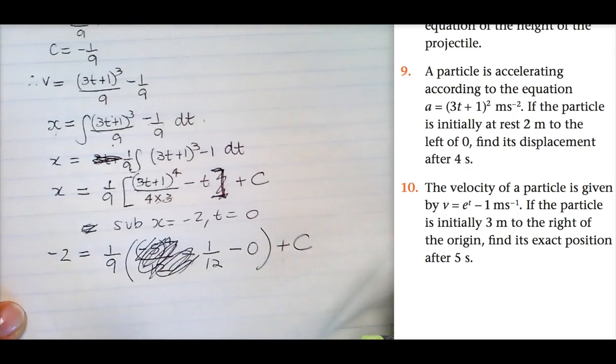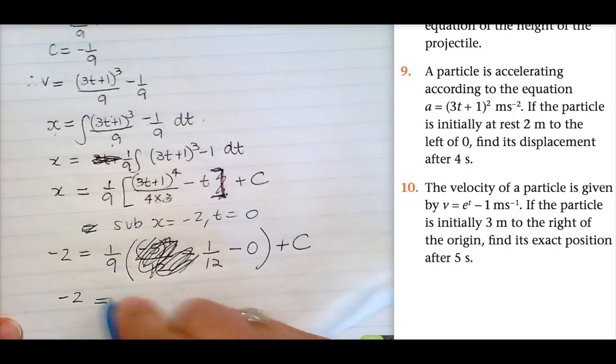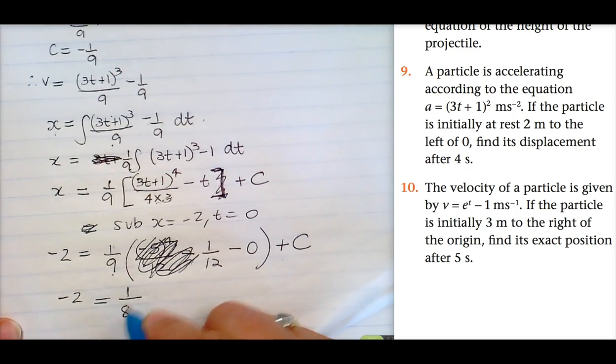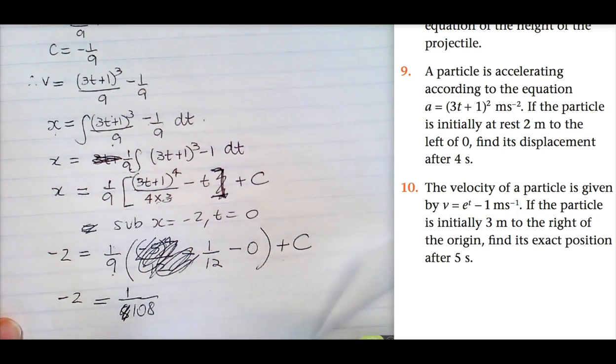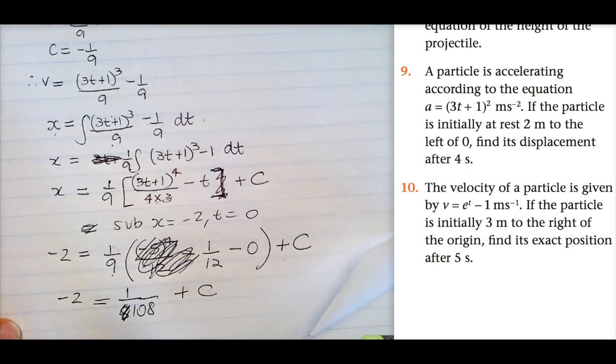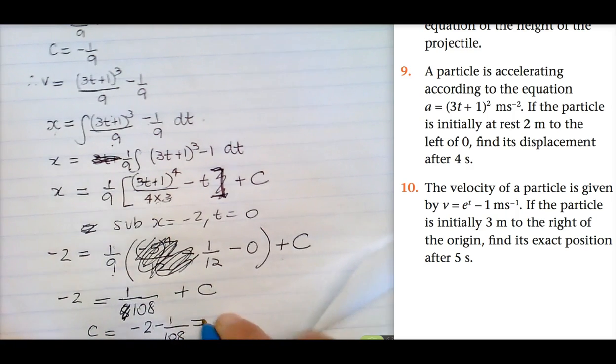What a mess. So -2 is 1/9 times 1/12 is 1/108, 108 times tables, plus c. So c is -2 minus 1 over 108.